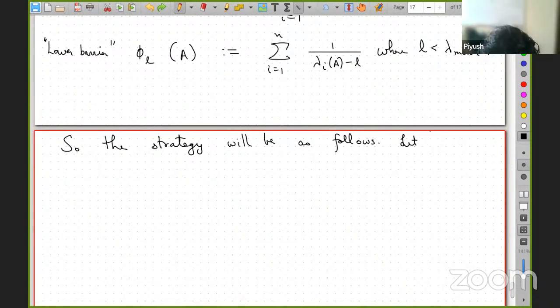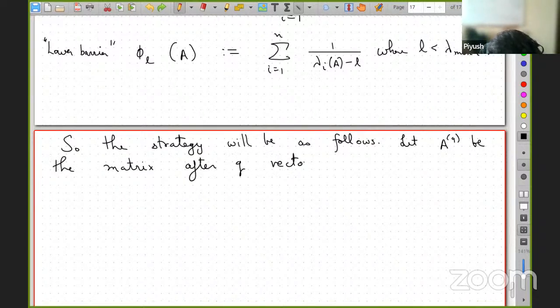Let A_q be the matrix after q vectors have been added with appropriate weight.